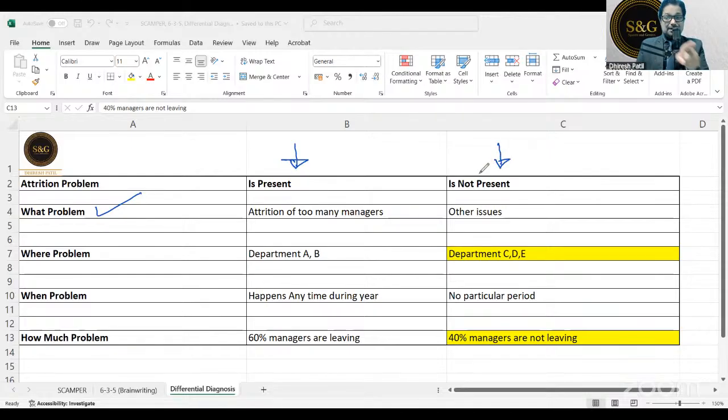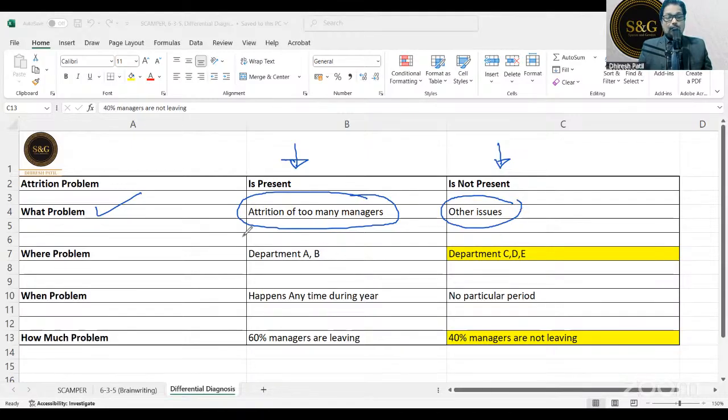Attrition of too many managers is the problem. The problem was in the middle level management, so the people leaving the company were more in middle level management. This was the present problem. And what was not present was other issues. Apart from attrition, there was no other issue present. Only the attrition problem was present.